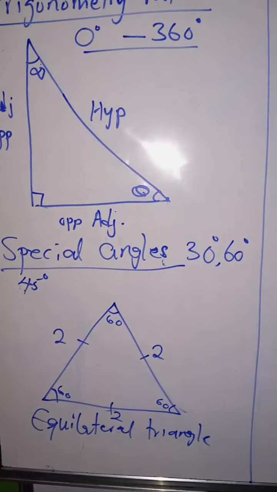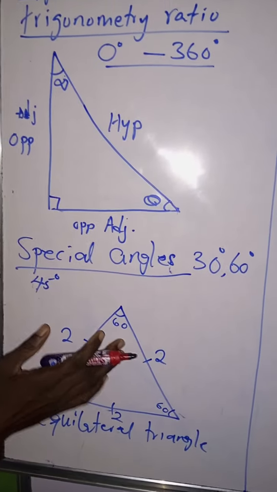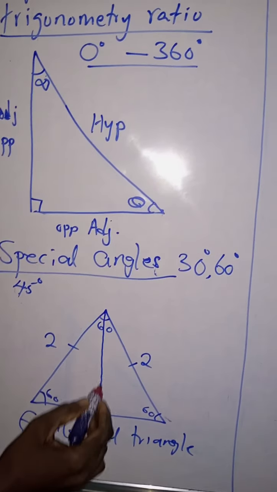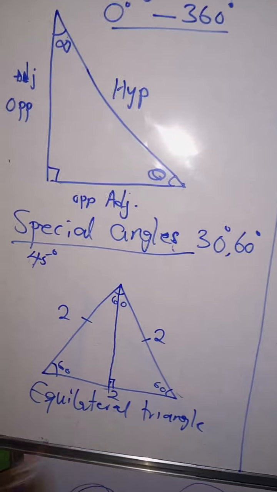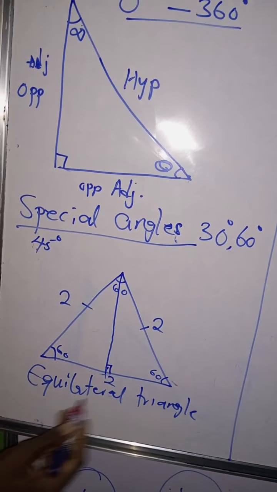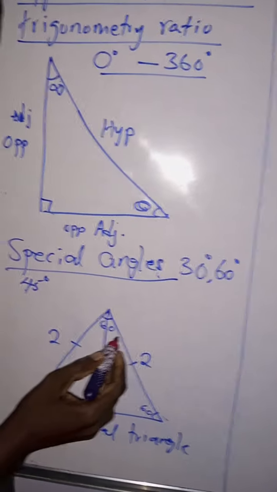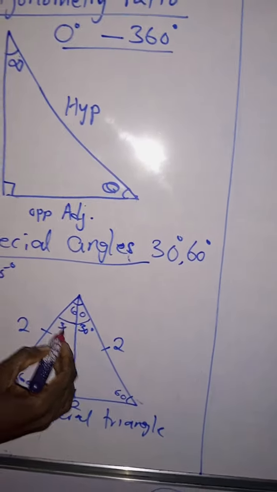From this, we move further. I want to change this one to a right angle triangle, and that is where we bisect it into two equal parts. So this gives me a right angle. When I bisect it into two, this side will now be 30 degrees, and this side will be 30 degrees.